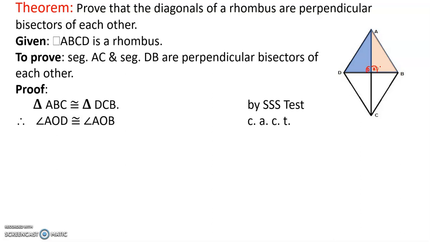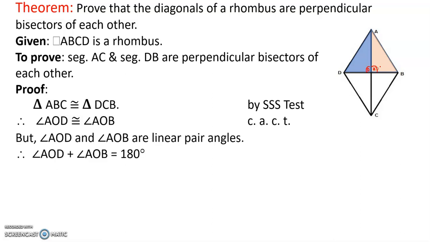Now, as the two angles are congruent and these two angles form a linear pair, we can write that angle AOD and angle AOB are linear pair angles. Therefore, they are supplementary. Therefore, we can write angle AOD plus angle AOB equals 180 degrees.